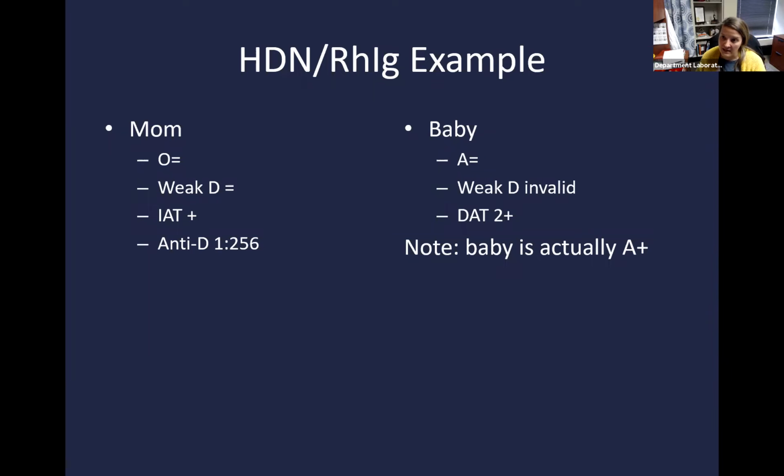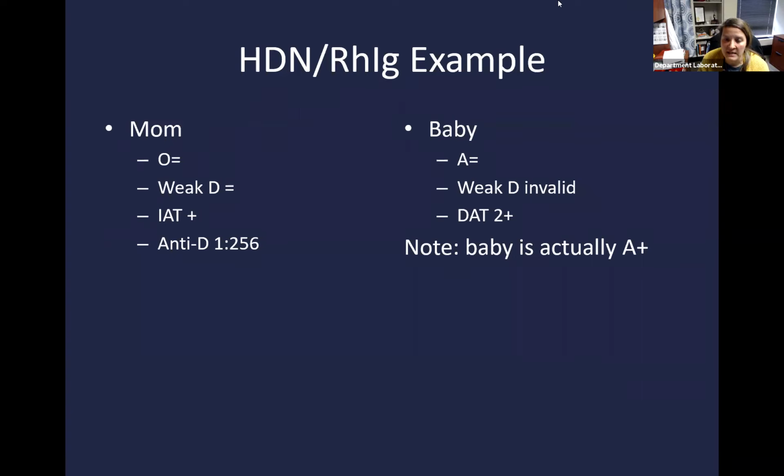So we do glycine EDTA treatment. It's gonna remove mom's antibody from the cells, making those D antigen sites available, which will now bind to our D antisera, and we can determine that this patient is A positive, all right? That glycine EDTA treatment removes the antibody, causes the DAT to now be negative, and we can obtain that true ABO type.